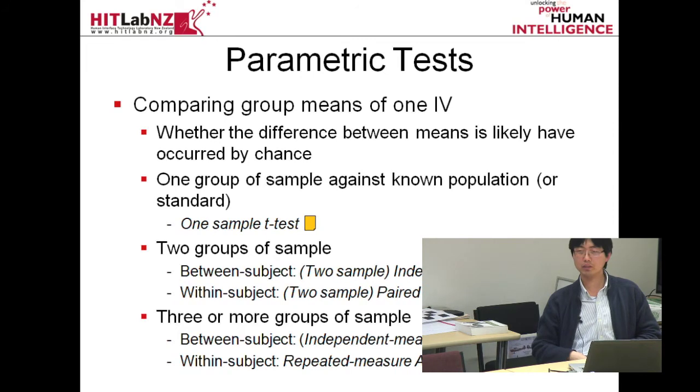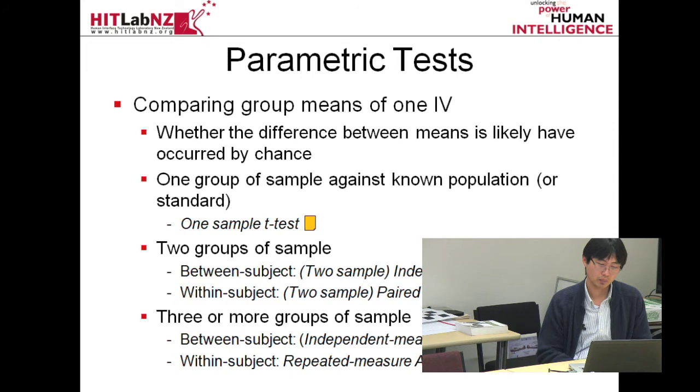But when comparing two interfaces, it depends on how you design your experiment. You can either ask participants to try all of the cases, or you can divide them into groups and let each group try only one type of interface.